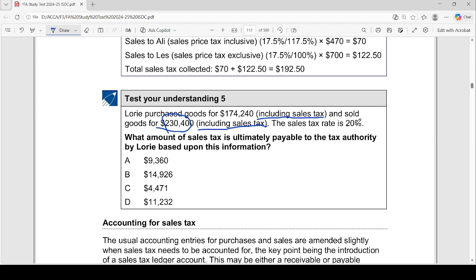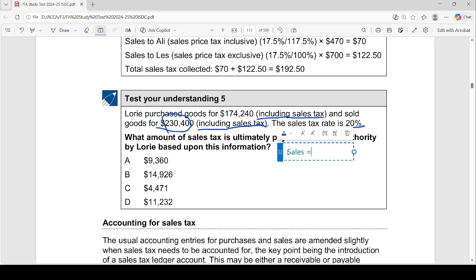The sales tax rate is 20%. How will we do that? One minute. Our sales tax on sales, right? That means the tax that we collected from the customers on the amount of the sale.